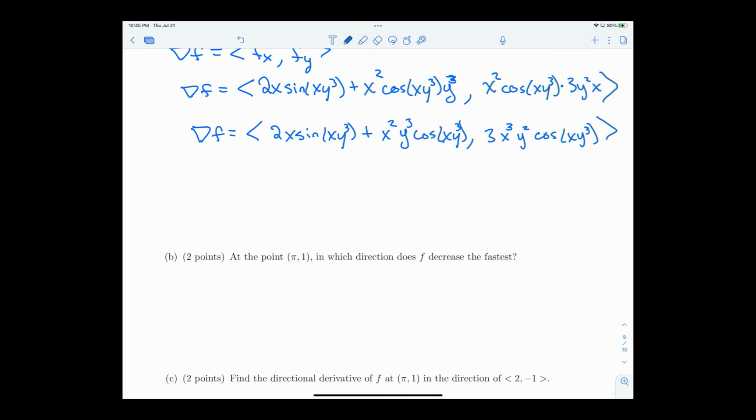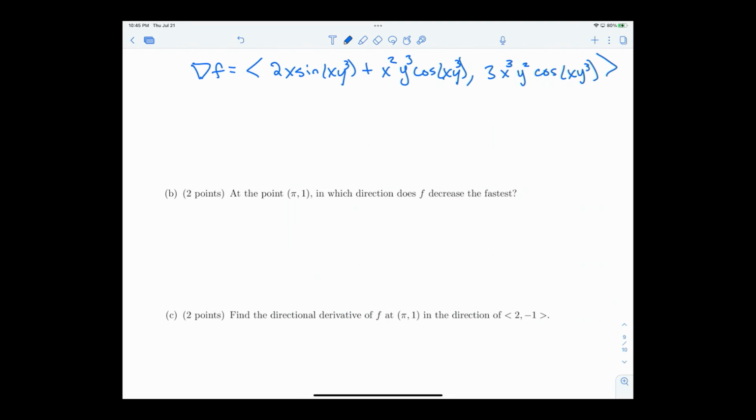gradient. Now it says at this point pi, 1, in which direction does f decrease the fastest? Well, the point is that if you are on a surface, so again, I'll draw my generic looking surface here.